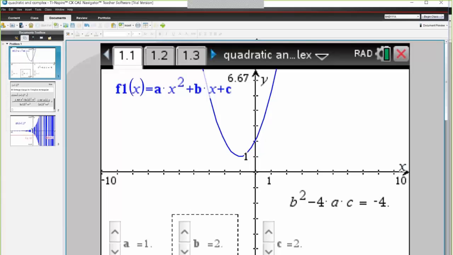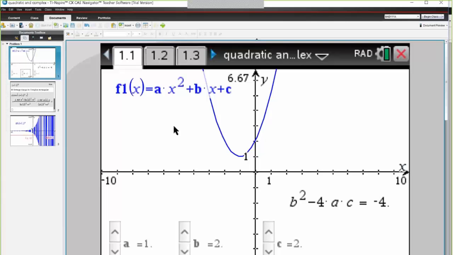So another thing that I like to do with my students, and it works whether you've got the CX or the CX-CAS, or the CAS or the non-CAS calculators, is to get them to investigate, to explore, to be able to develop their own understanding rather than here's a rule, now let's just use it.